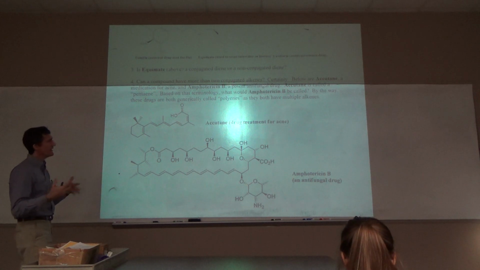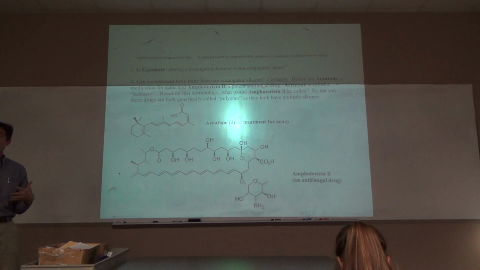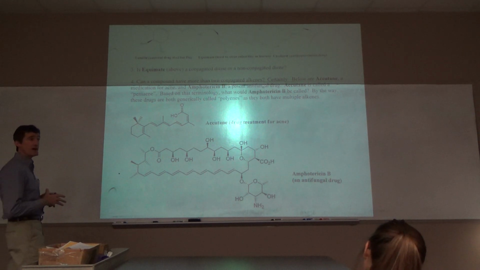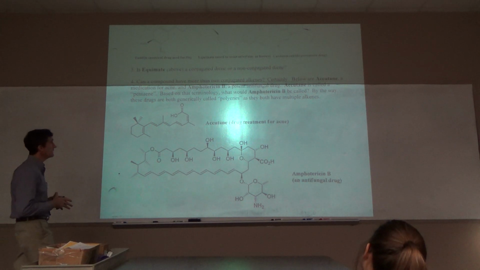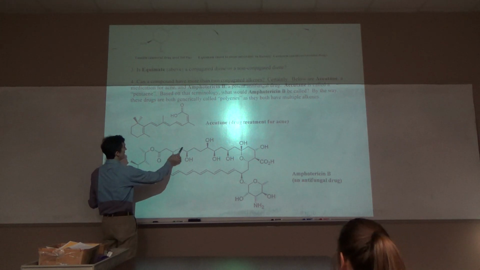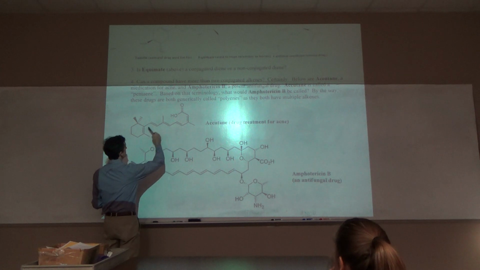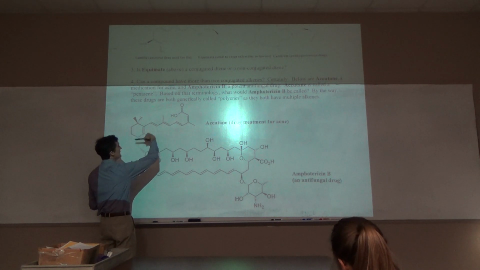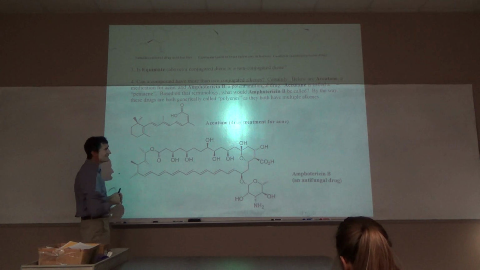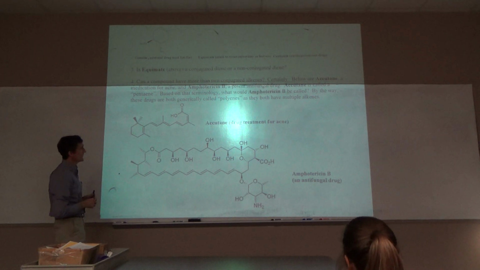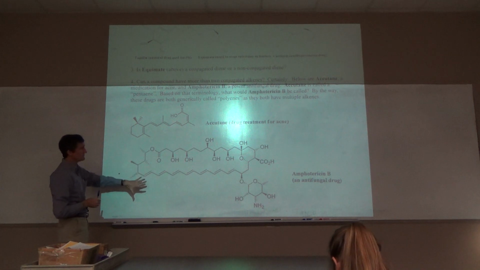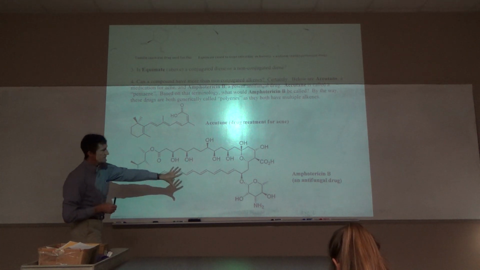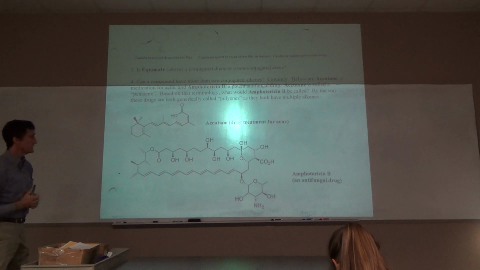You get beyond 3 or 4, you start calling it a polyene, poly meaning multiple. I mean, these are polyenes. You can count these up: 1, 2, 3, 4, 5 alkenes. Pentaene, I reckon. But these are polyenes, multiple enes. Amphotericin is a common antifungal drug. It's a polyene.